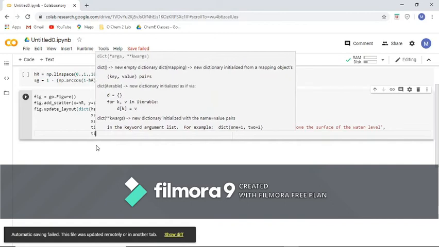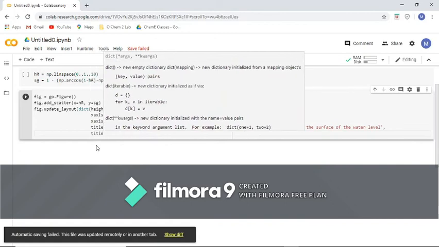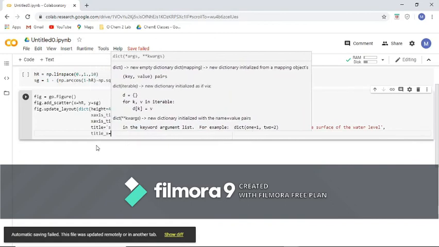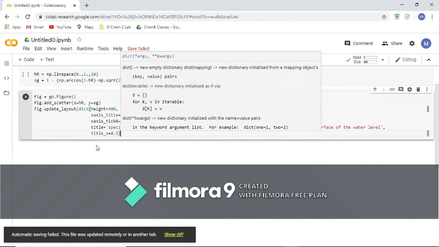And then title_x will equal 0.5, and close the parentheses.